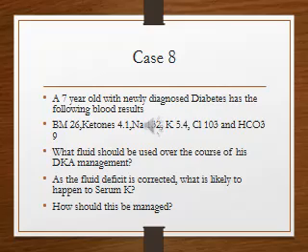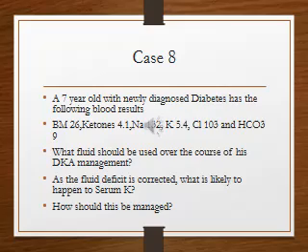Now let's look at this one. This is a very important slide. You have a 7-year-old boy with newly diagnosed diabetes, and these are his blood sugars. Usually in children, the vast majority, almost all, have type 1 diabetes, unlike adults. So the blood sugar is 26, very high, in the DKA range.